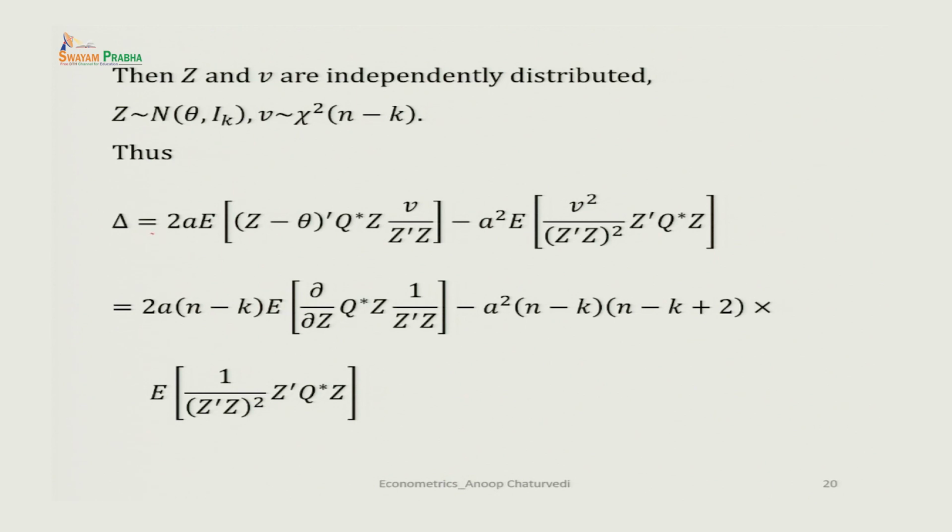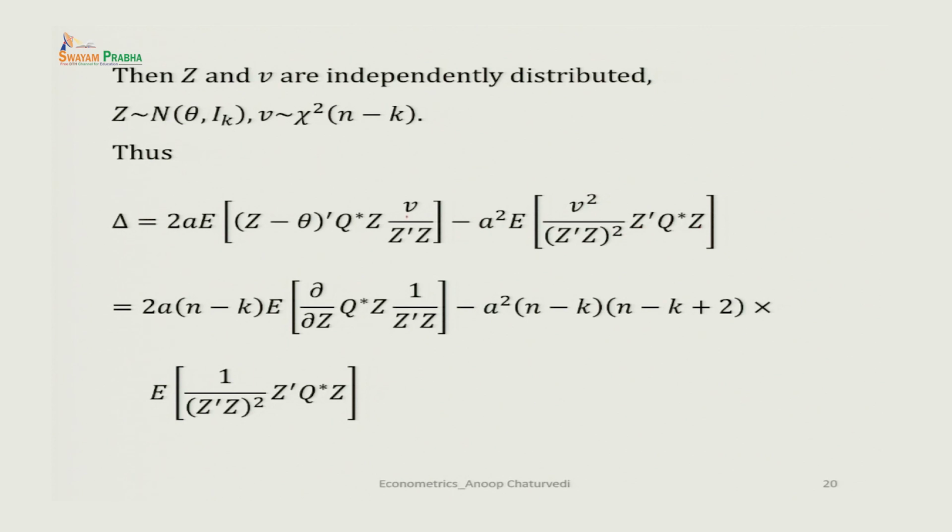Further, the difference between the two risks, delta, becomes in terms of z and v: twice A expectation of (z minus theta) transpose Q star z times v upon z transpose z, minus A square expectation of v square upon (z transpose z) square times z transpose Q star z.